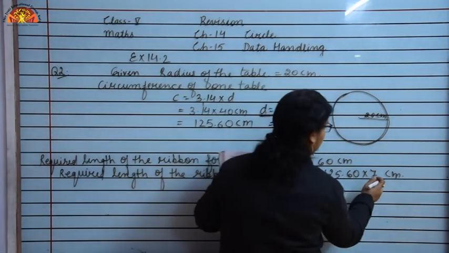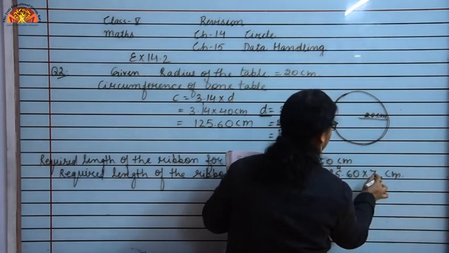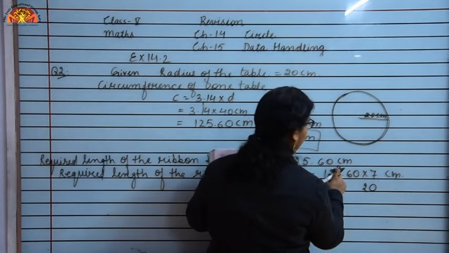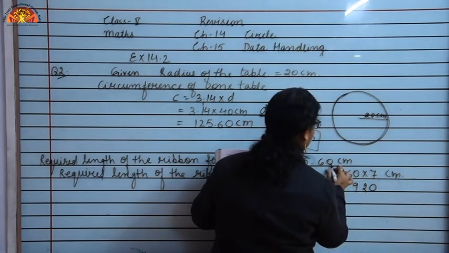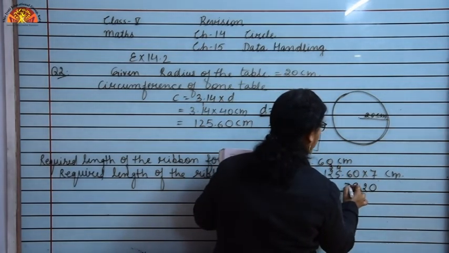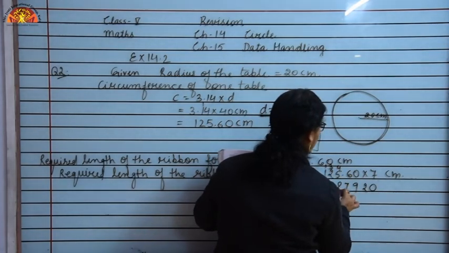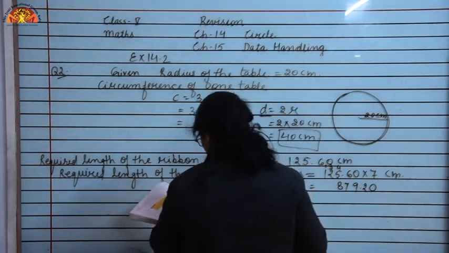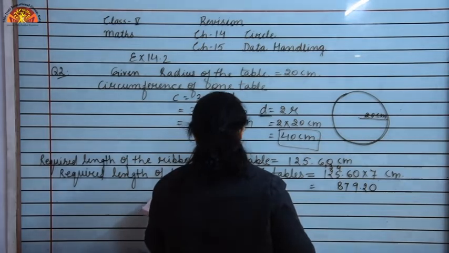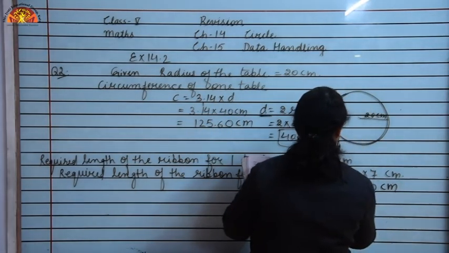Now multiply these numbers. 7 zeros are 0, 7 6s are 42, 4 carried over, 7 5s are 35 plus 4 is 39, 3 carried over, 7 2s are 14 plus 3 is 17, 1, 7 1s are 7 plus 1 is 8, and put the decimal here. So what is the answer? 879.20 centimeter is the required length of the ribbon for 7 tables.